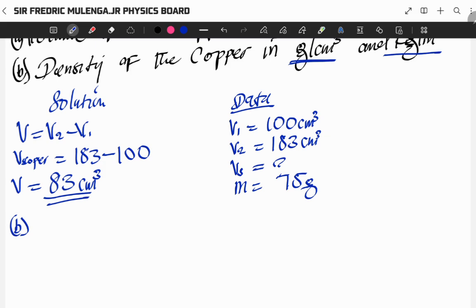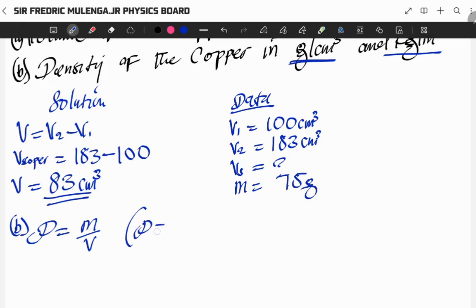density of the copper. Okay, so we know the formula of density is just mass over volume. If you also want, you can also solve density using this formula under this scenario.